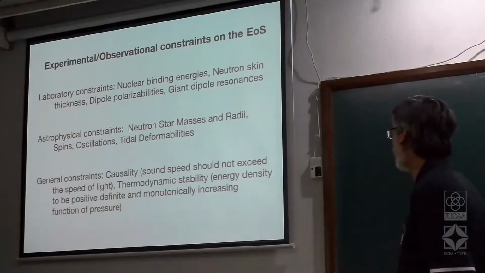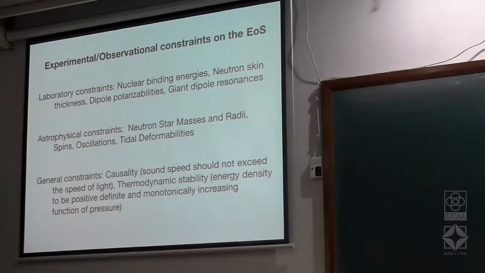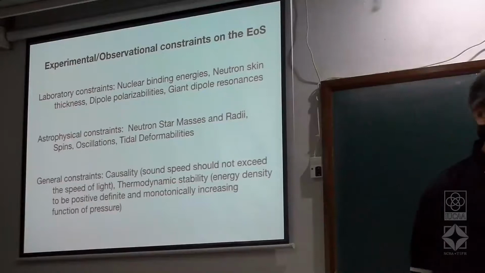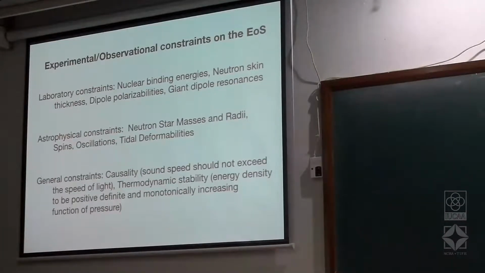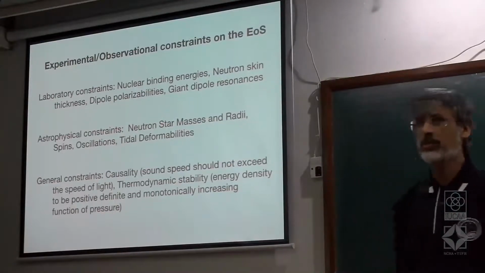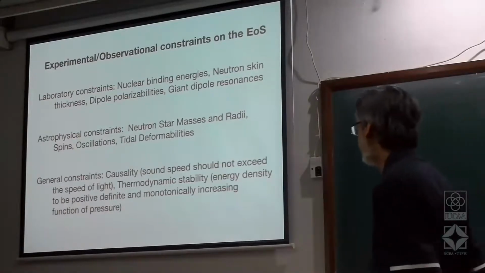Then we have astrophysical constraints. We have measurements of neutron star masses, and measurements of radii in some cases. We know the spins. We can measure oscillations in some of them. And more recently, we have access to the measurement of tidal deformabilities. All of these can also put constraints on neutron star behavior.